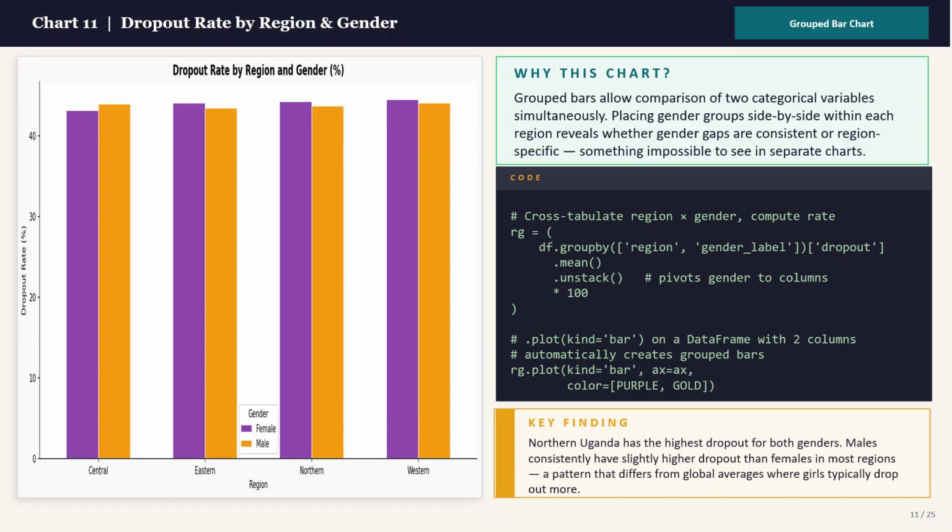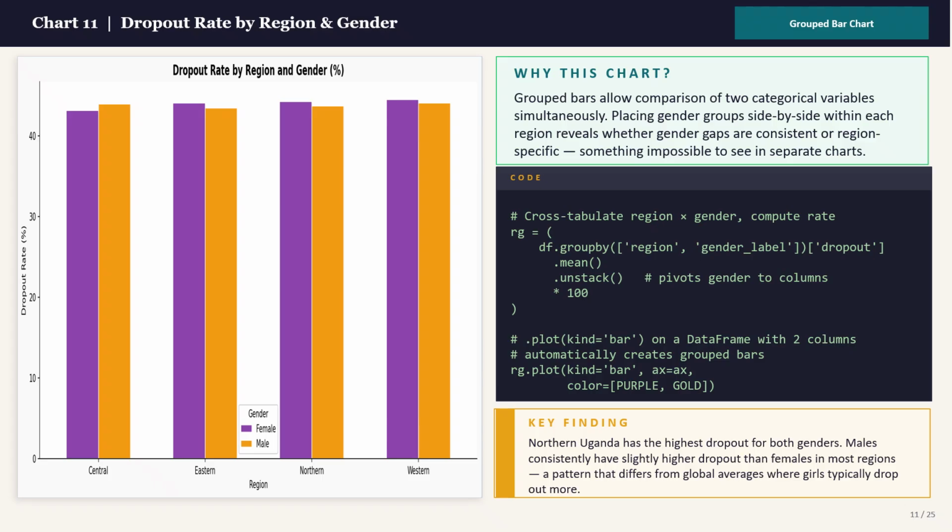Placing gender groups side by side within each region reveals whether gender gaps are consistent or region specific. And this is impossible to see in separate charts. So having these features grouped side by side helps us to compare them, and this wouldn't be possible in separate charts.